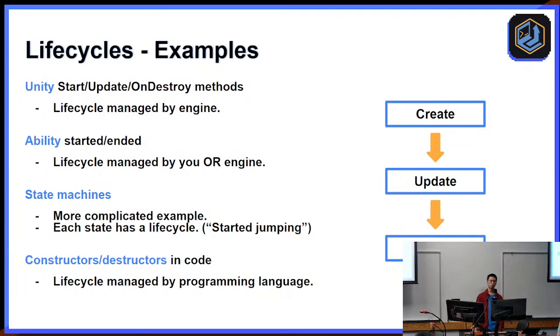You might say you started jumping, you ended jumping, which means you hit the ground. Or started running, ended running. And constructors and deconstructors in the code, which you might have heard of if you programmed, are a life cycle managed by the programming language. There's a lot more than just this, but the key point here is that you want to sync the events.